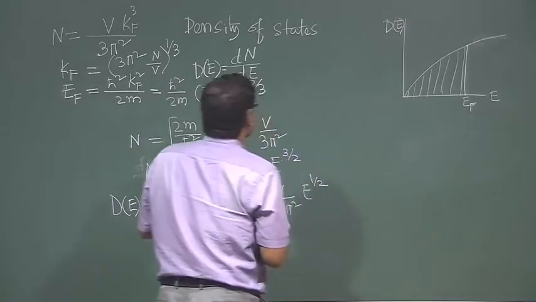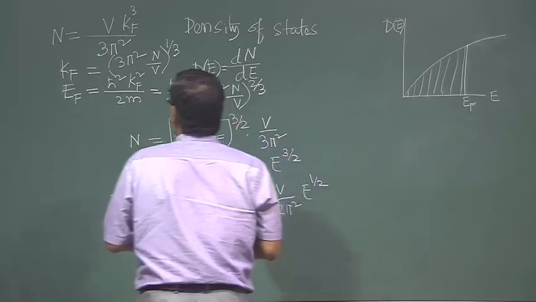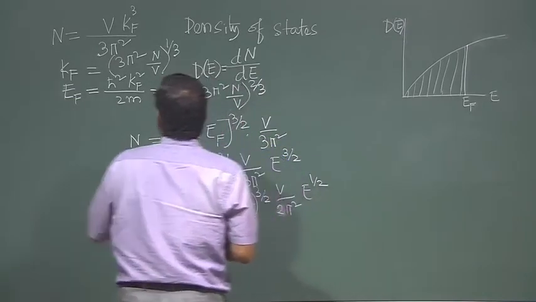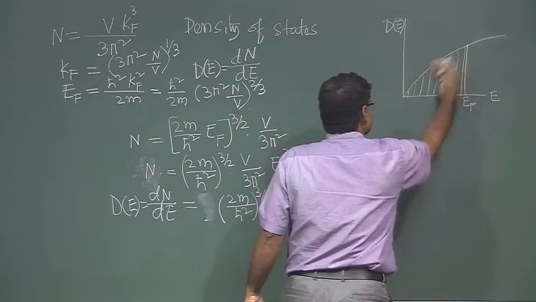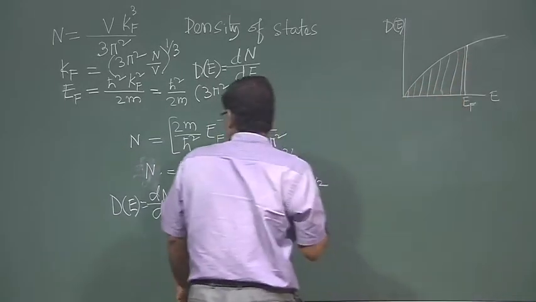So, the ground state system, so far whatever we have discussed, and the electrons are distributed like this.